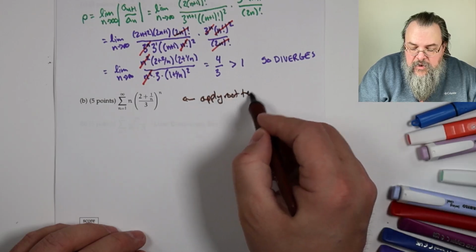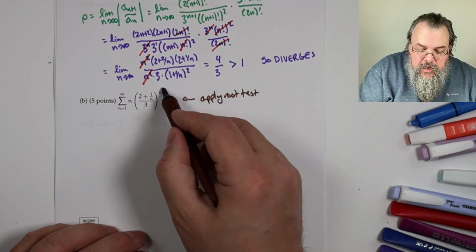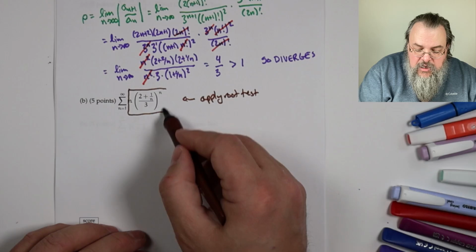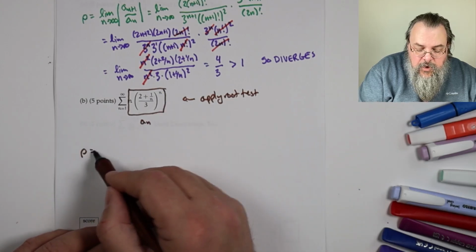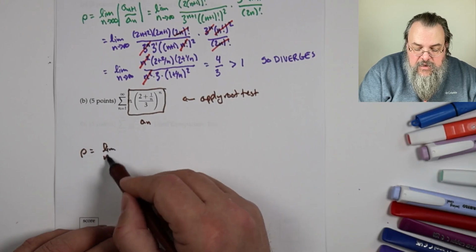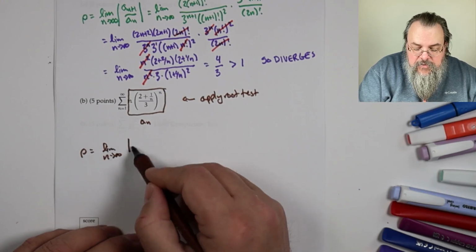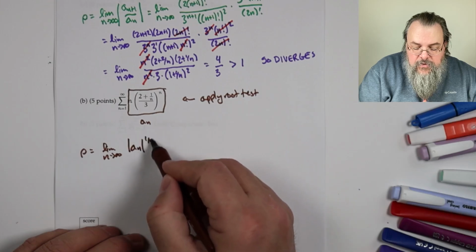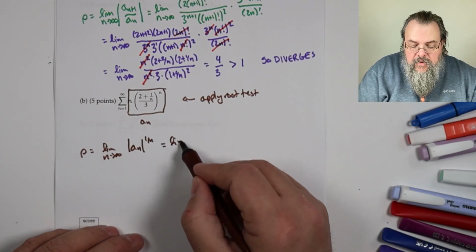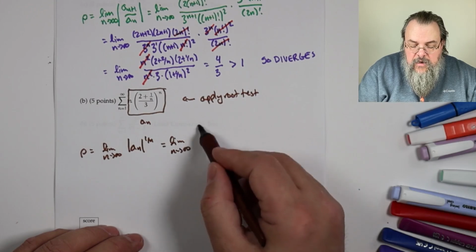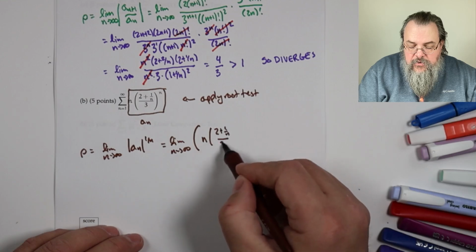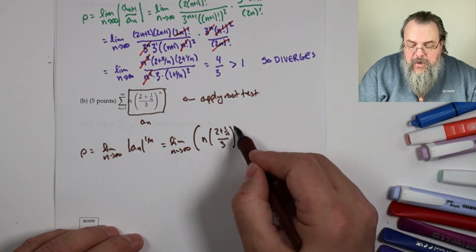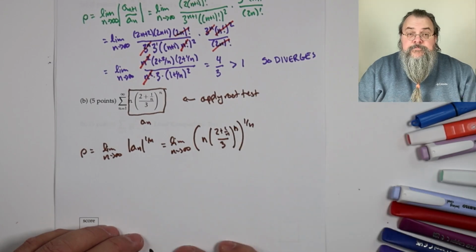All right. And so again, we're thinking of this whole thing here as a sub n, and we have this similar term, rho. But now it's the limit as n goes to infinity of the absolute value of a n to the 1 over n. Well, that's the limit as n goes to infinity of n, 2 plus 1 over n over 3 to the nth power, to the 1 over n.